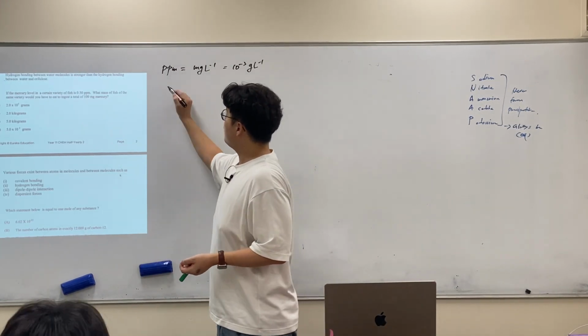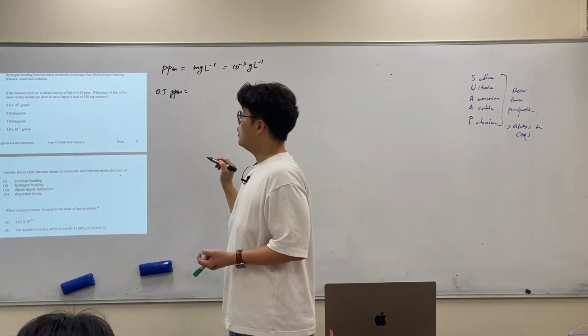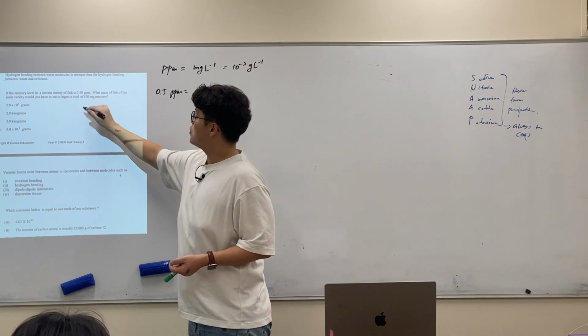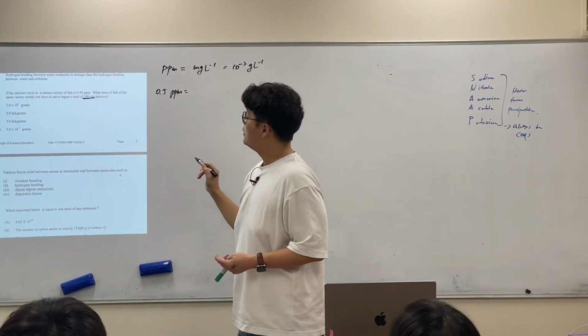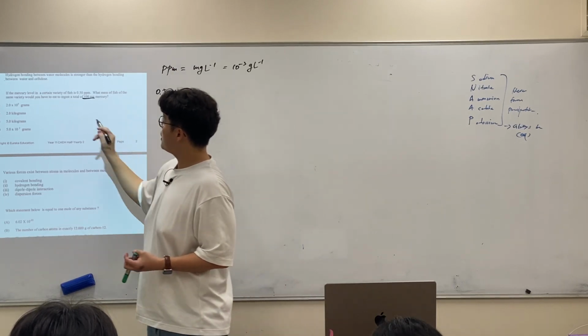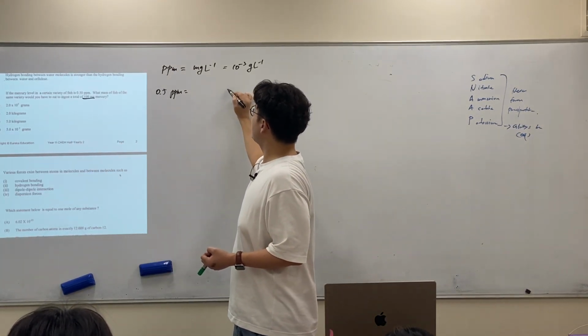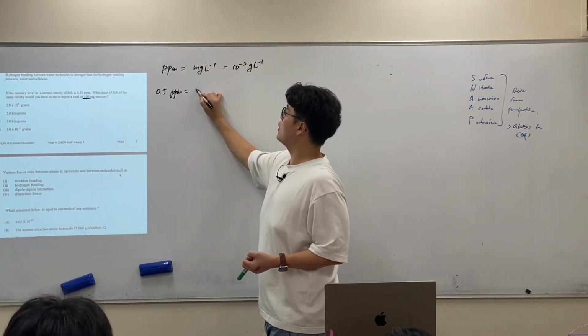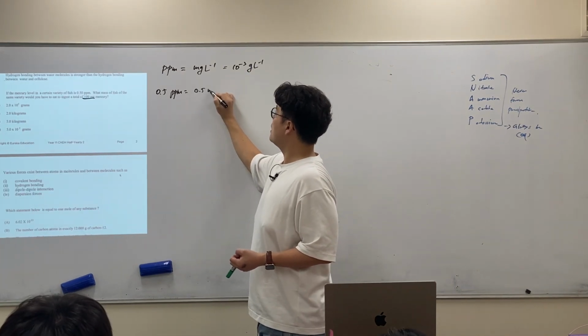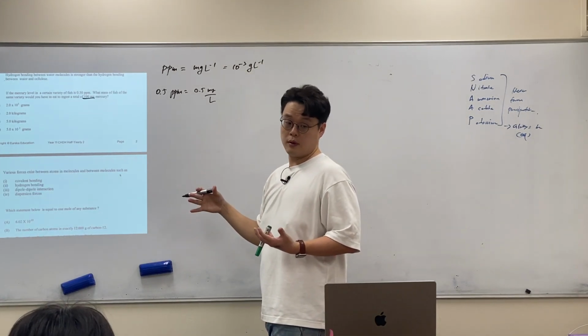Now, we're given 0.5 ppm. We want to get 100 milligrams of mercury. So 0.5 ppm is known as 0.5 milligrams per liter of the fish, the volume.